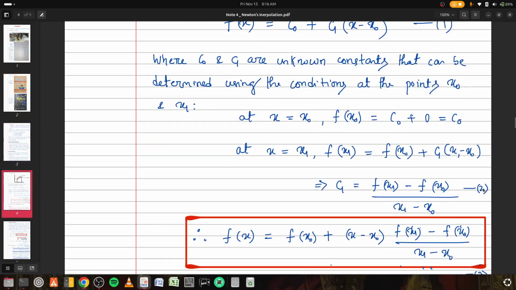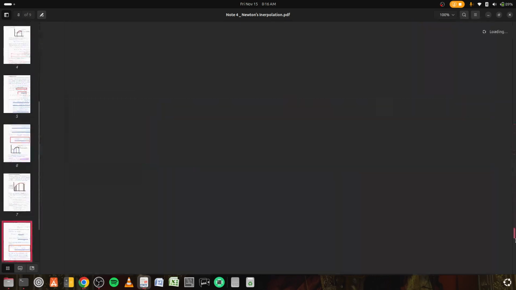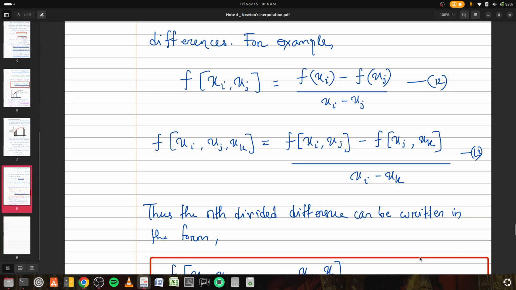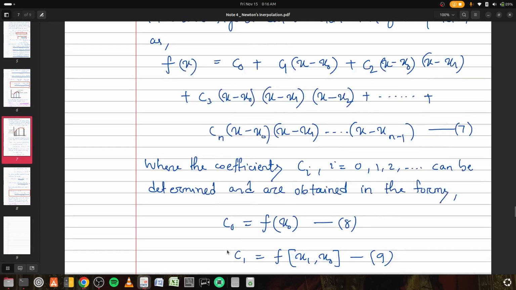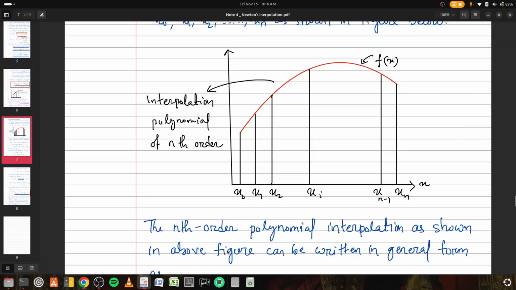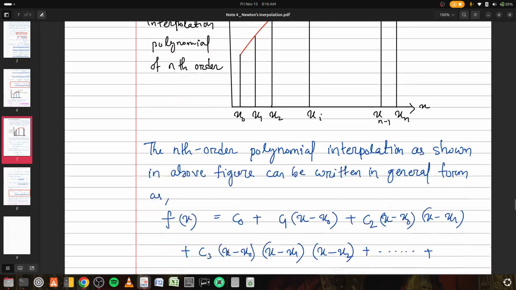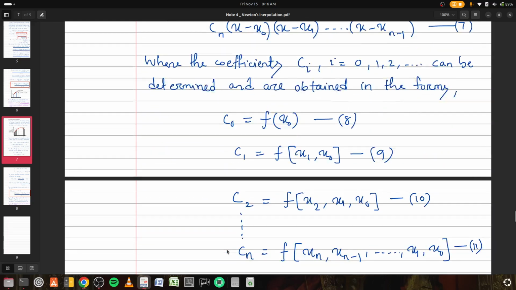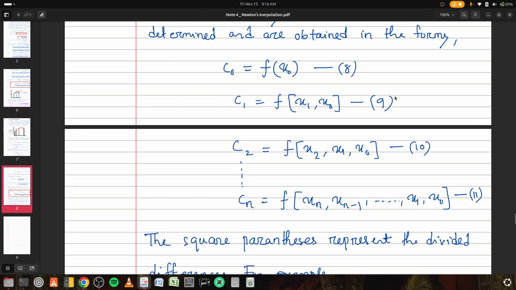Let me go back. For this nth order interpolation, we are doing the nth order interpolation. You have calculated all the coefficients.